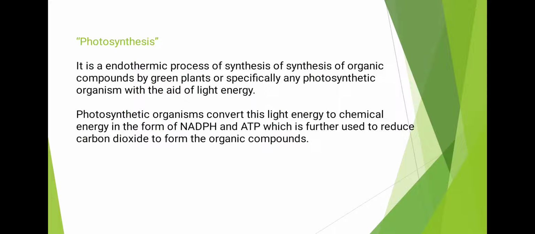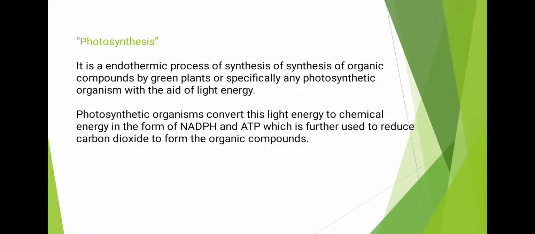So, what do you mean by the term photosynthesis? In broad or general terms, we can define this process as a process in which there is synthesis of organic compounds by the aid of light energy. Now, who does it? The green plants, or specifically any photosynthetic organism.